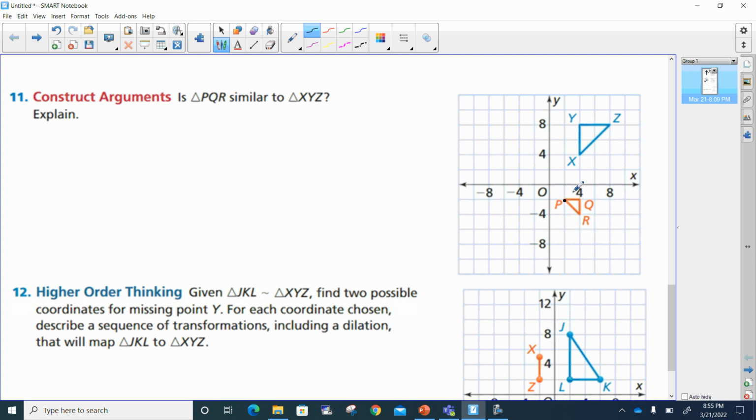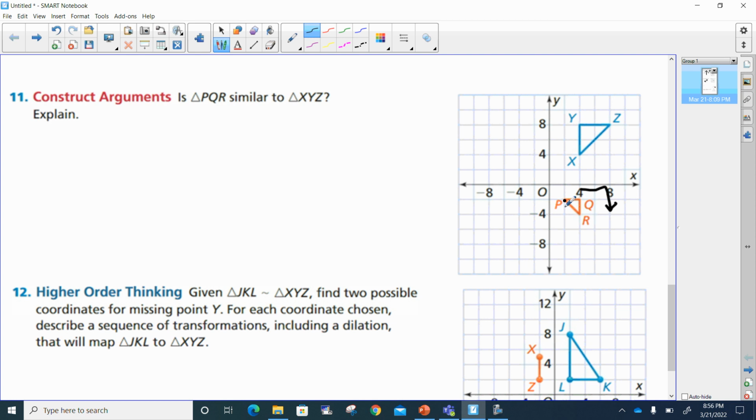If I was to reflect it, I don't think I'm going to get what I want because P would be here and R would be here and Q would be here. That's definitely not what I want because right now, elemental PQR, we're looking at our smallest to biggest this way, right? And if I were to flip it, my smallest to biggest would be this way. And this is XYZ. That's not the way we're doing it.